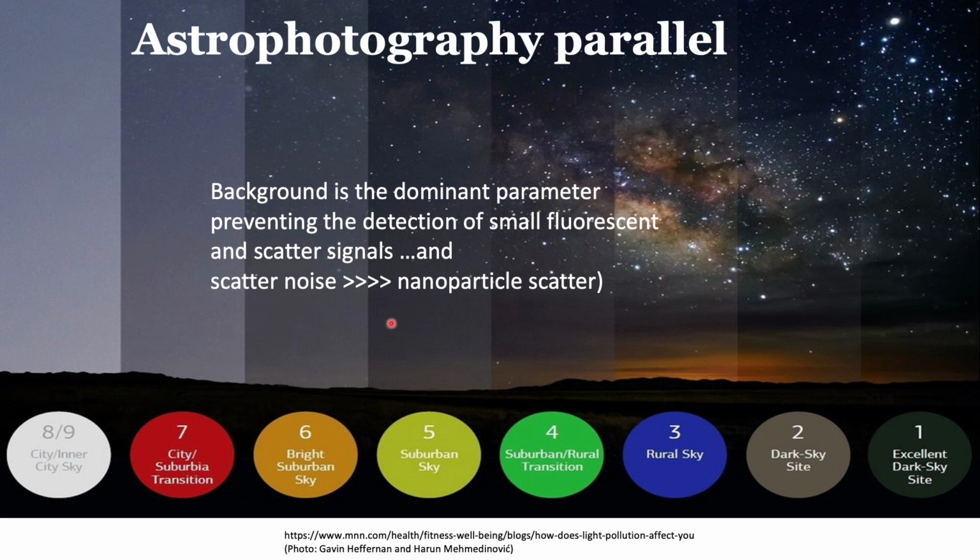Only when you go progressively out of the cities into perfectly isolated areas with no light pollution, your eyes, which are the same tools to see, highly sensitive, can suddenly see the Milky Way. So background can mask and essentially prevent the detection of dim signals, regardless of the detection system, of the sensitivity and the quality of it.